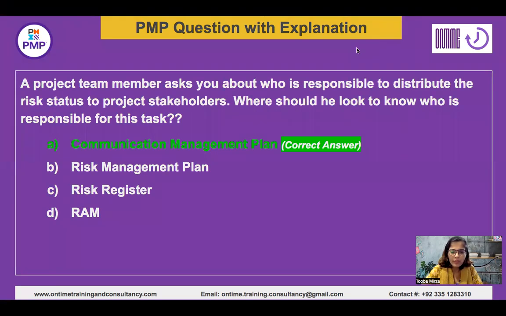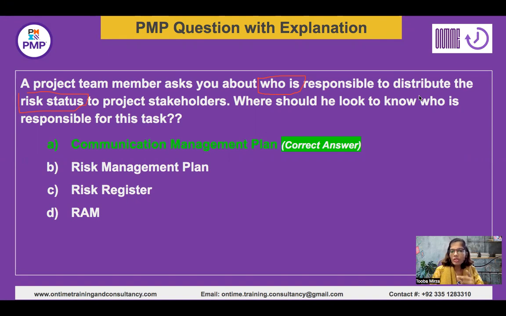First of all, let's read the question. The question says that a project team member asked you about who is responsible. This who is important to distribute the risk status to project stakeholders. Where should he look to know who is responsible for this task?